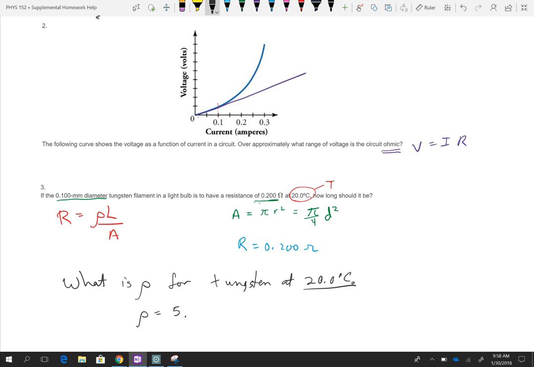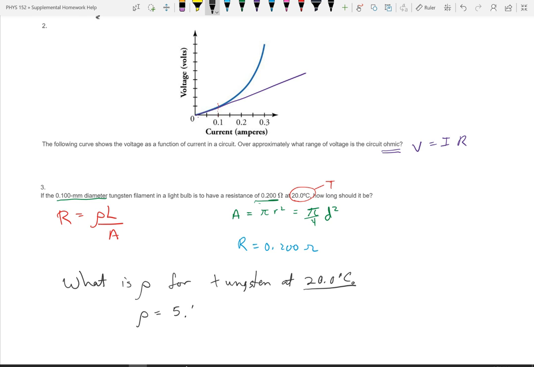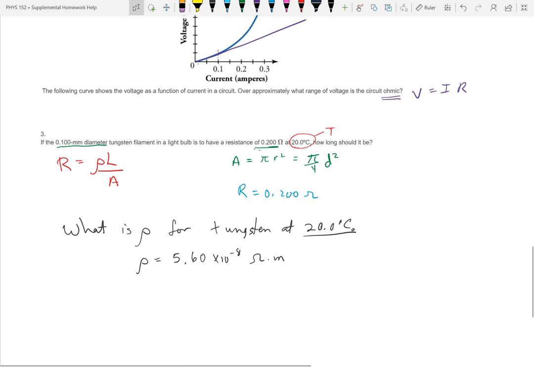I'm a little confused because I have two different sources here, both from hyperphysics, and they seem to say different numbers. Resistivity at 20 degrees Celsius for tungsten is 5.60 times 10 to the minus 8. Okay, so that's what you said. Ohms times meters.